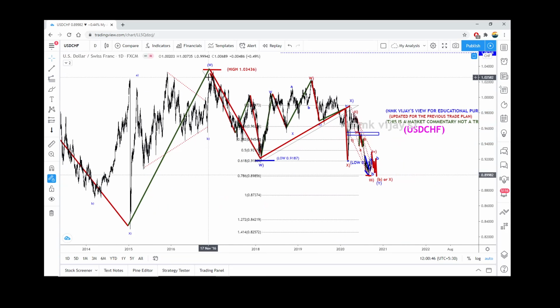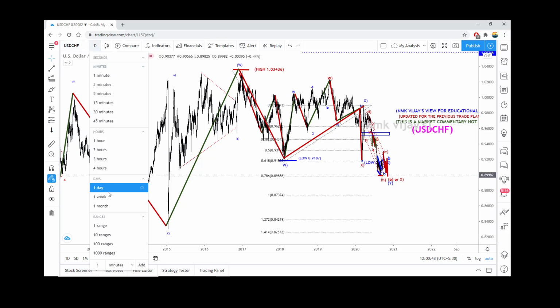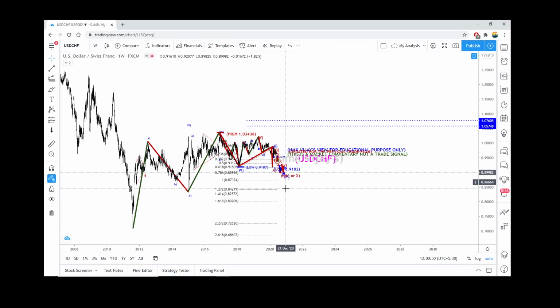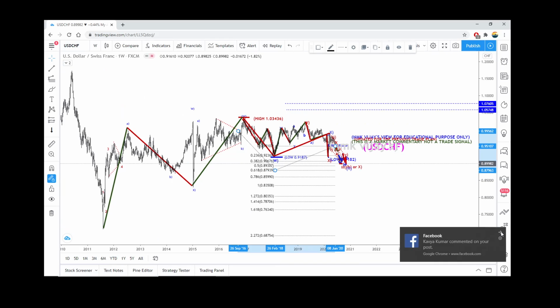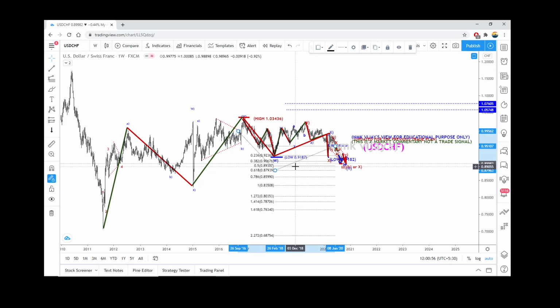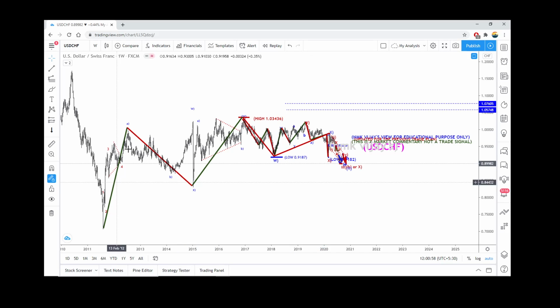So here is a W in the weekly. A, B, C is the W. This is the connecting wave X, and this is one more W finished here.